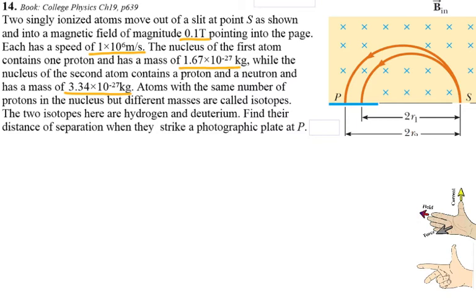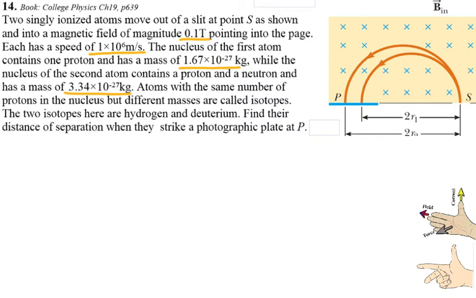The nucleus of the first atom contains one proton and has a mass of 1.6 × 10 to the negative 27 kilogram, while the nucleus of the second atom contains a proton and a neutron and has twice the mass, which is 3.34 × 10 to the negative 27 kilogram, because proton and neutron have the same mass.